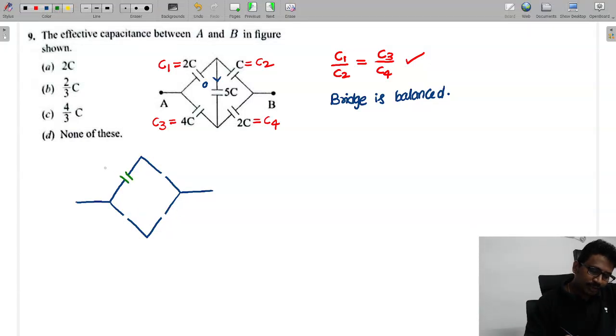Now this capacitance is 2C, this capacitance is C, this capacitance is 4C, this capacitance is 2C.